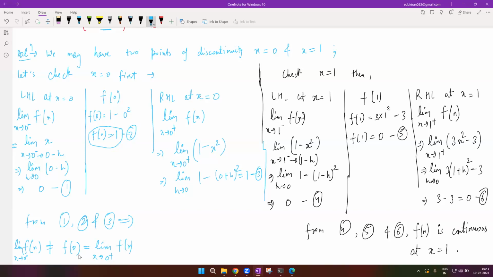Sometimes it may be possible that all three of them are different. So we will use this is not equal to this and this is also not equal to this. But right now practically we have two expressions equal and one expression is different.